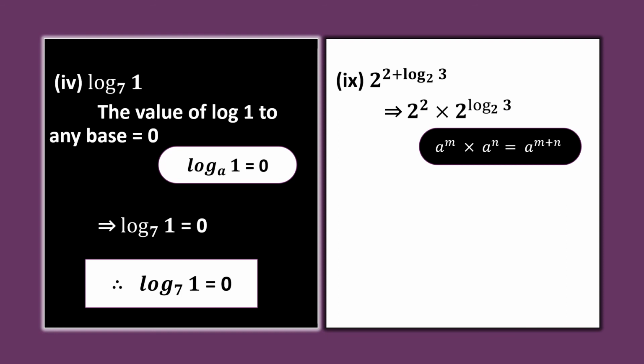As 2 power 2 is 4, I can write 4 into, and here if you observe carefully, there is only one number before log. Then there is only one formula, a power log n base a, and if the two bases are the same, your answer will be n.